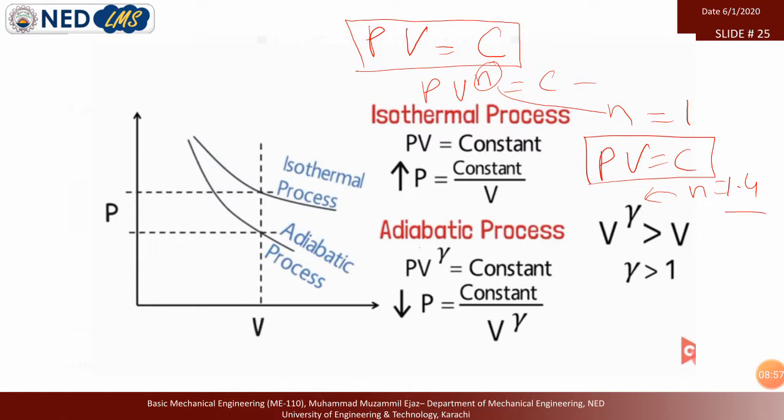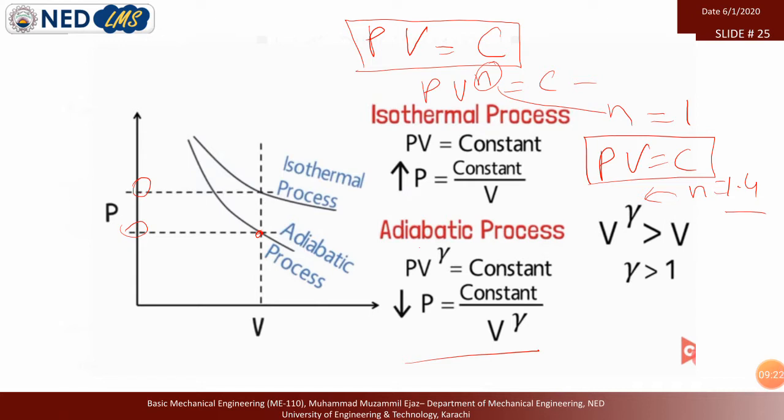So pressure is inversely proportional to volume. So when the volume increases as compared to isothermal process, pressure will decrease. So you can see the difference between the two at the same point. In adiabatic process we have a lower pressure, and in isothermal process we have a higher pressure.